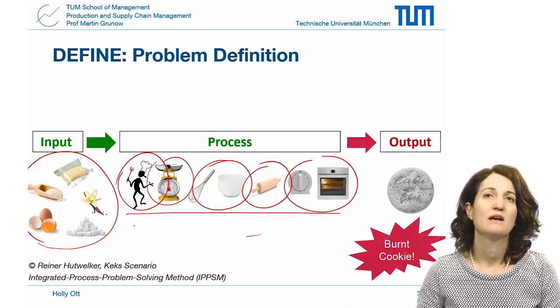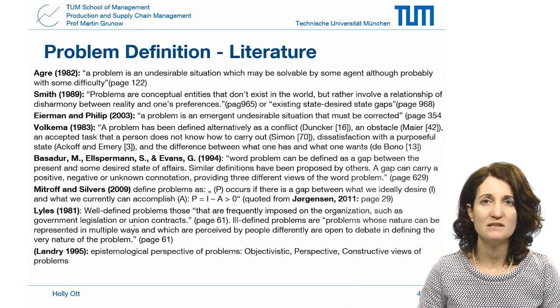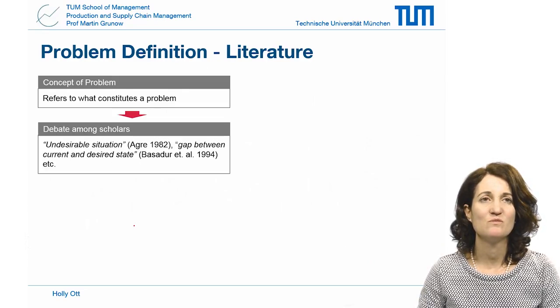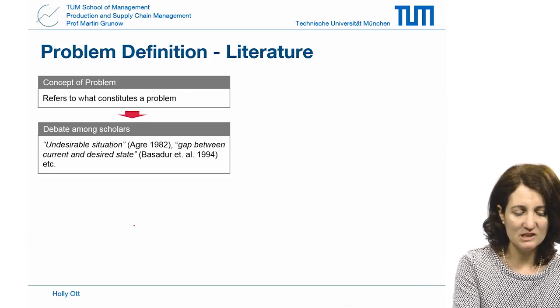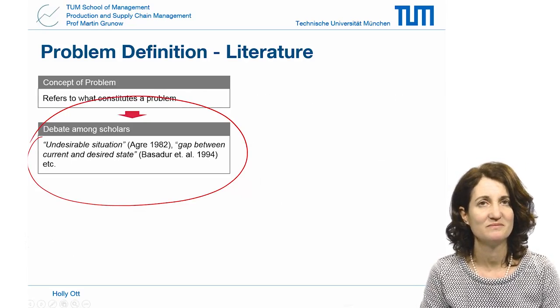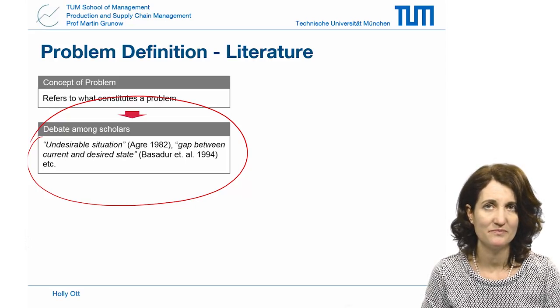Now, how do we define a problem? There's a lot of this in the literature, discussed extensively over the years. And people are looking at what is a problem. And so the debate kind of moves towards it's an undesirable situation. It's a gap between a current state and a desired state.